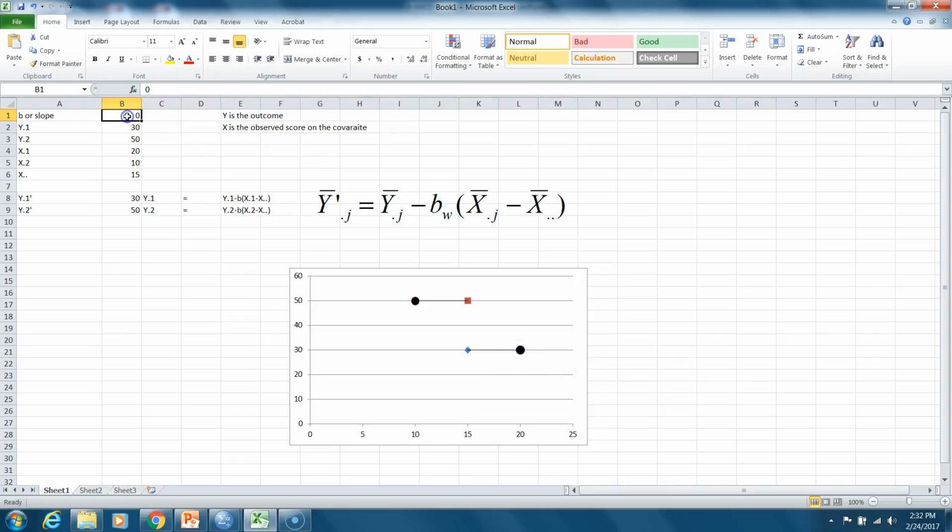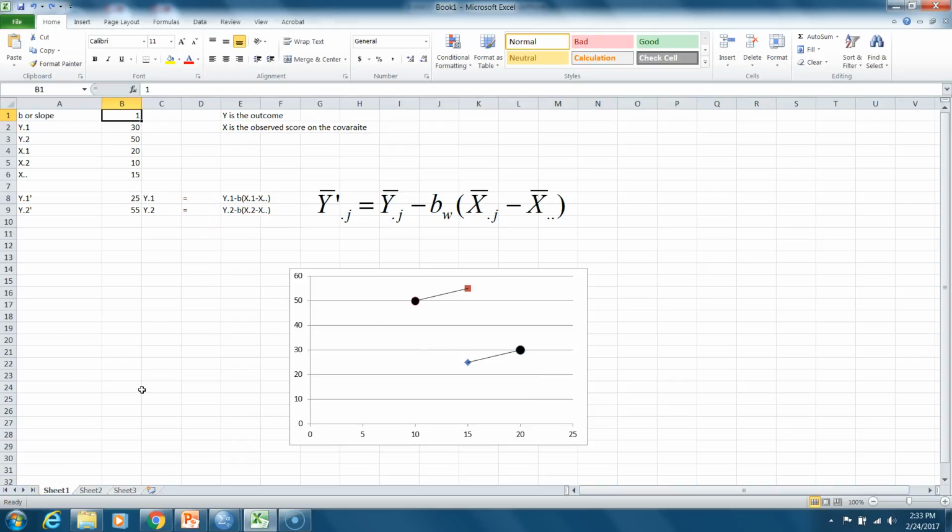And when we put that adjustment in there, a full adjustment of 1, they spread out even further. The mean of group 1 goes further above to 55, and this one goes further down from 30 to 25. They spread out further, and it's because of the directionality of the covariate and its relationship to the outcome measure.